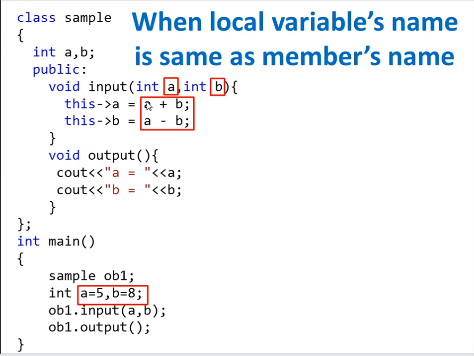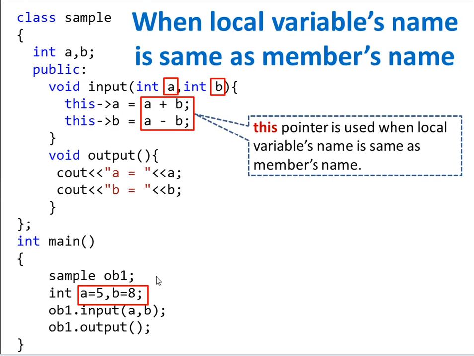Internally it properly assigns a plus b, whatever the value, 5 plus 8 is 13. 13 will be assigned to the member of the class, not the local variable. Same with a minus b, it will be assigned to the member of the class, not the main program's local variable. So this pointer is used when a local variable name is the same as the member name.